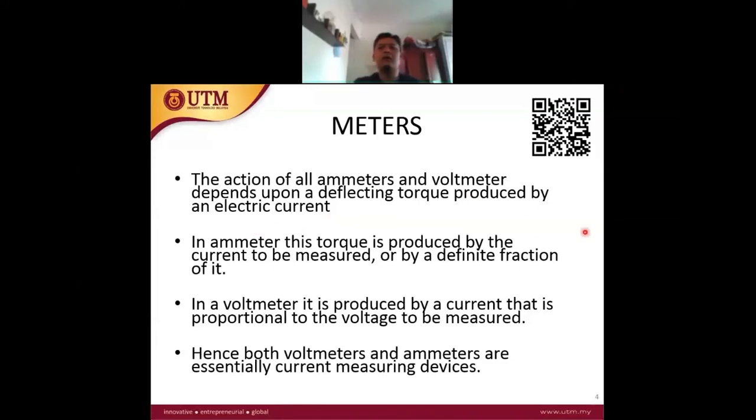So in general for an analog device, the action or the deflection depends on the deflecting torque produced by an electrical current. So it is important for you to recall your understanding about the concept of a motor. How does a motor work?